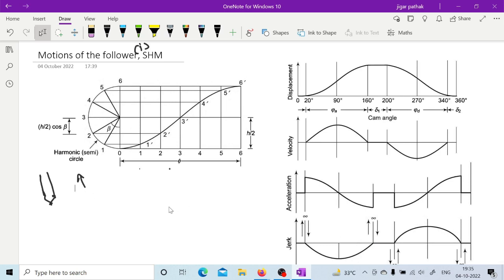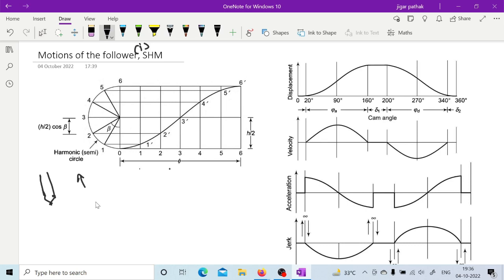In GATE, this graphical method is not there, so we are not going to focus on how you can draw a cam profile, but we will go for the analytical part: the displacement, velocity and acceleration of this particular follower.